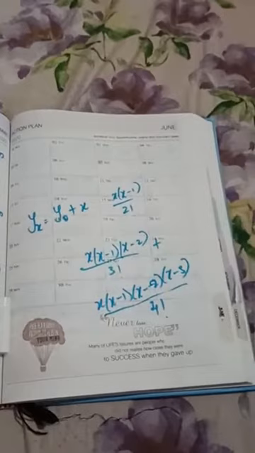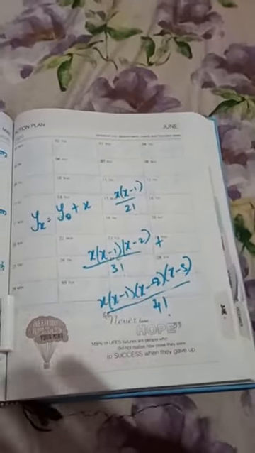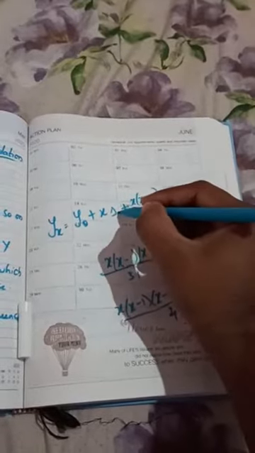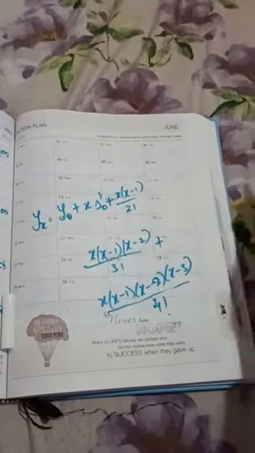So write like this: first y naught plus x, here you put the first leading difference delta naught 1, plus here the second leading difference delta naught 2, plus here the third leading difference delta naught 3.